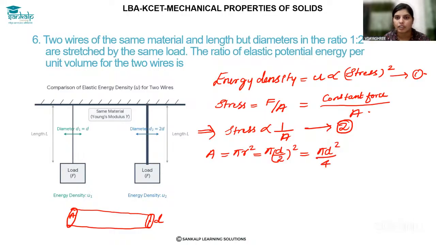Radius is half of diameter, so I write radius as d by 2. Which implies the cross sectional area of the wire is directly proportional to the square of the diameter. Take it as equation number 3. So what can we write here?